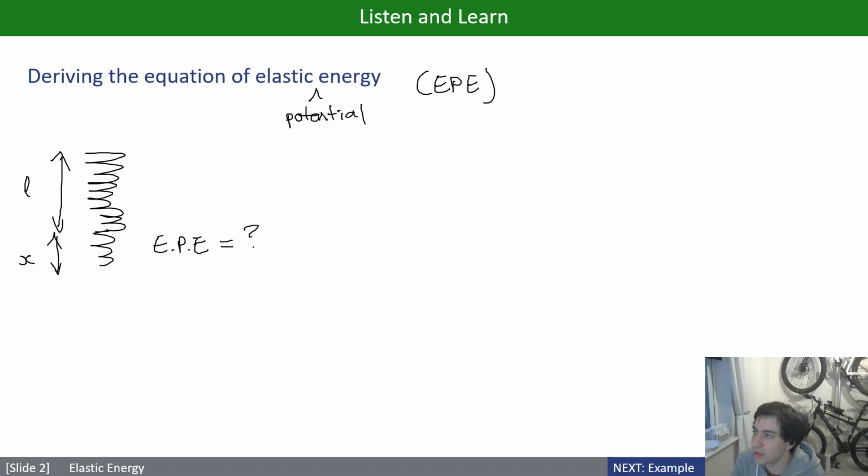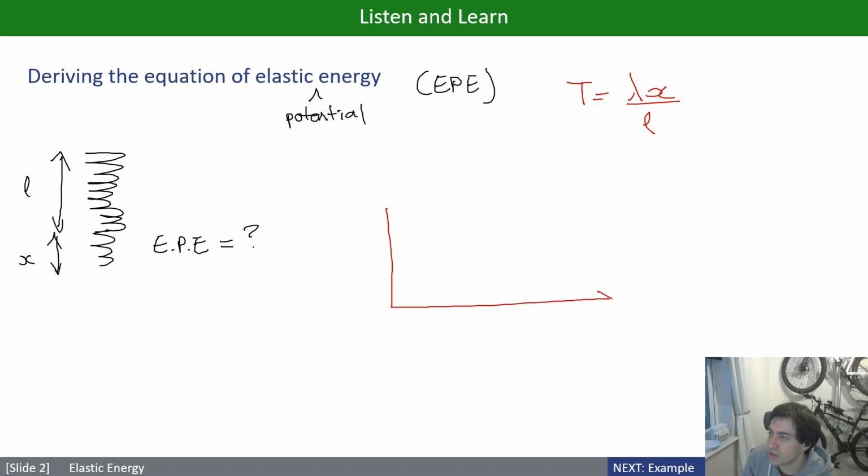So if you remember, we had the tension in a spring is lambda times the extension divided by the natural length. And now let's draw a graph of how the tension varies with extension. So if I have extension along here and tension along here, and 0, 0, well, at 0 extension I've got 0 tension.